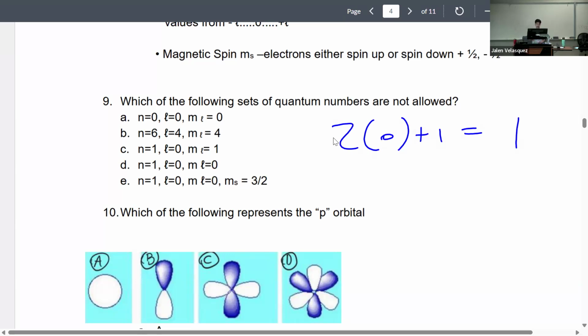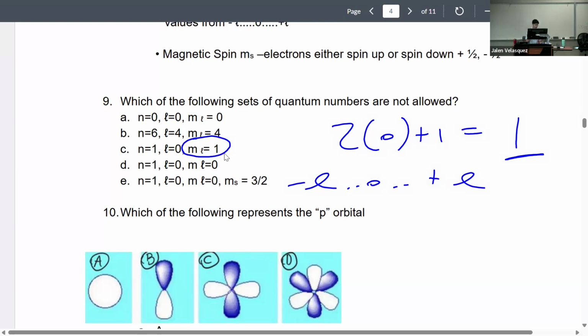The number of values is okay, but the value itself is not. If I do negative l to 0 to plus l, there's no positive 1 in there, right? So I did that on purpose because this tricks people. I was surprised no one brought this up because this tricks people every single semester.